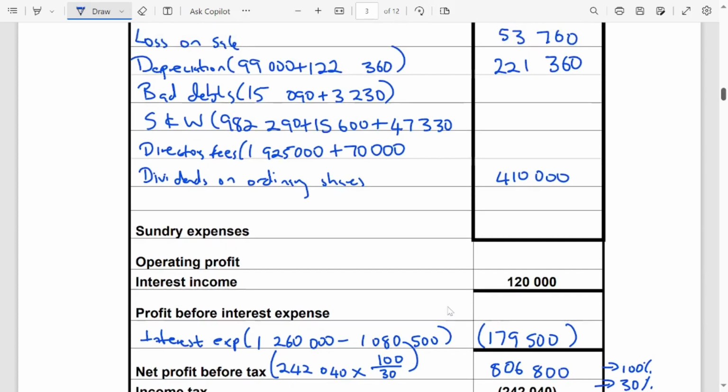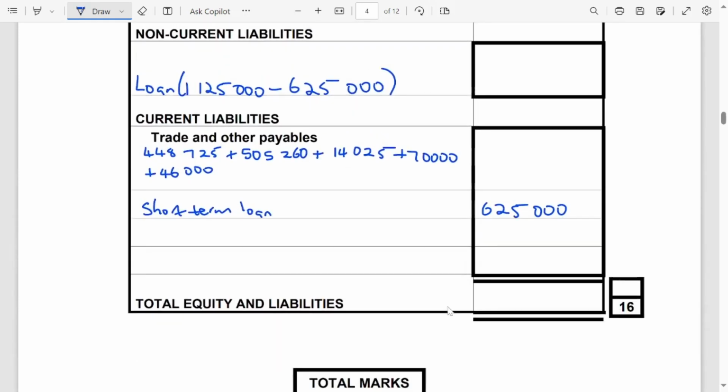But the final dividends must be recorded under the current liabilities as shareholders for dividends, which is the dividends that the business is owing to the shareholders.